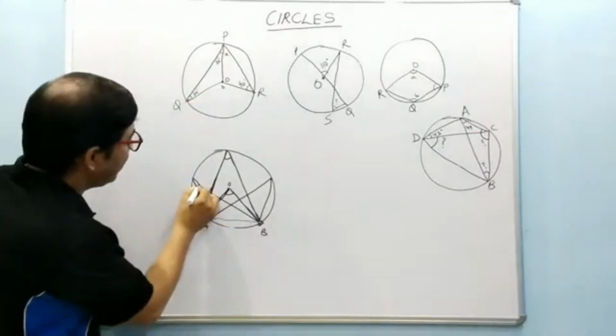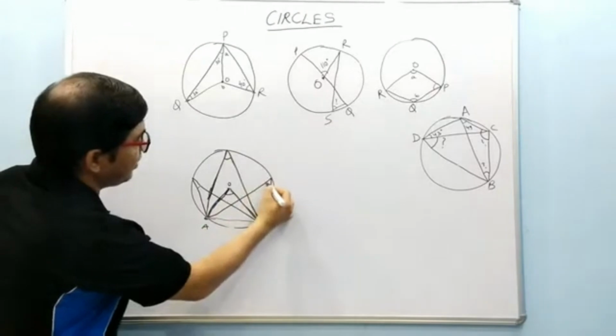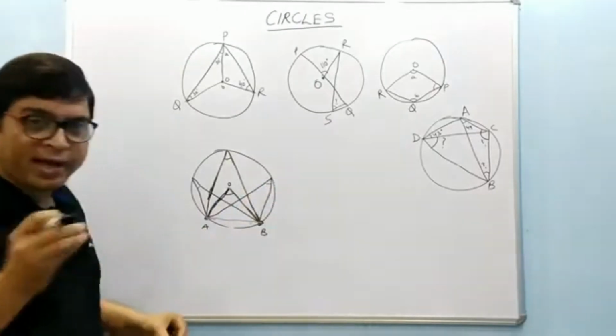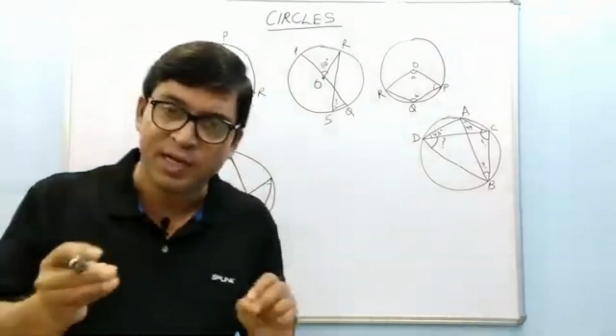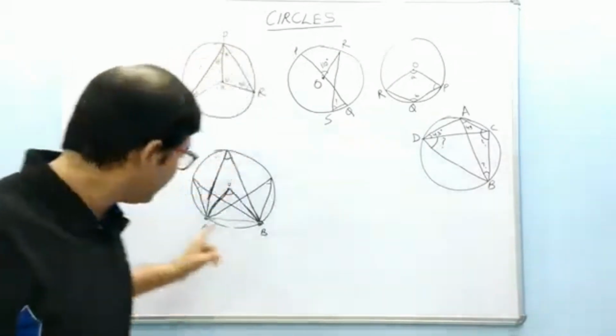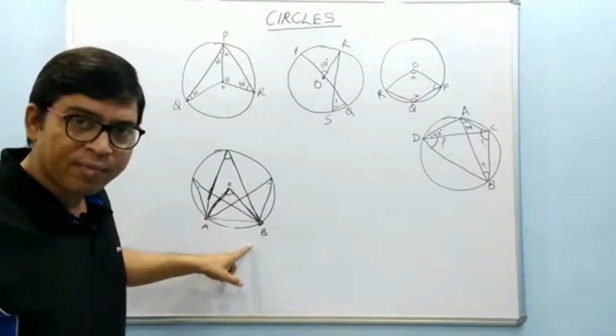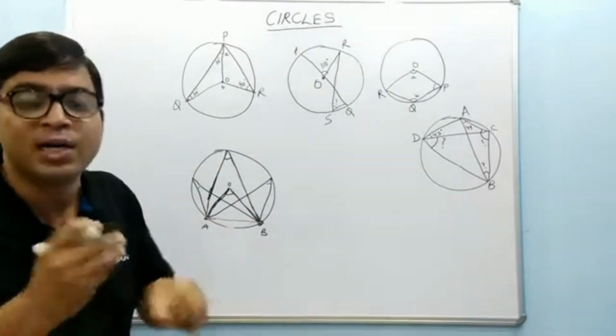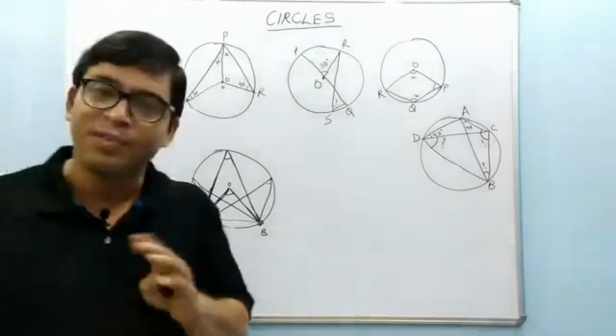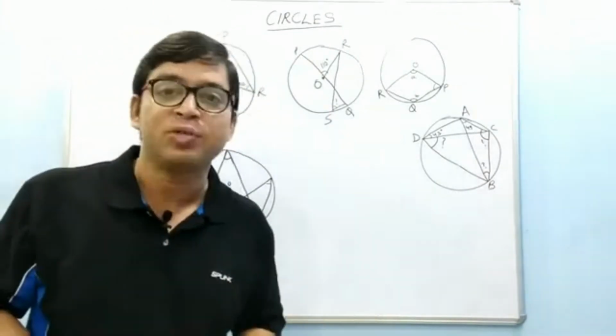So this angle is equal to this angle is equal to this angle. So angles in the same segment of circle are equal. How to identify? Same technique. Starting from same arc and on the circumference of the circle in the opposite segment.